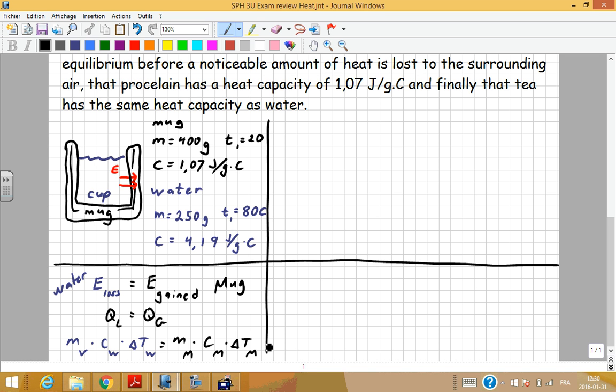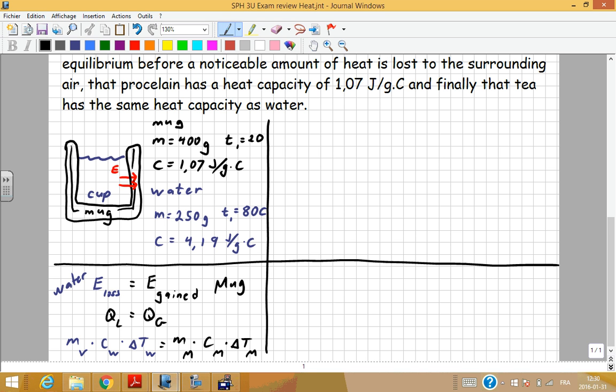In this case, none of these values are the same, but we know most of them. The only ones we don't know are the delta Ts. Unfortunately, you have to realize that the change in temperature of the mug will not be the same as the change in temperature of the water, especially because the water has a much higher heat capacity, so it'll lose less heat to change the temperature of the mug.